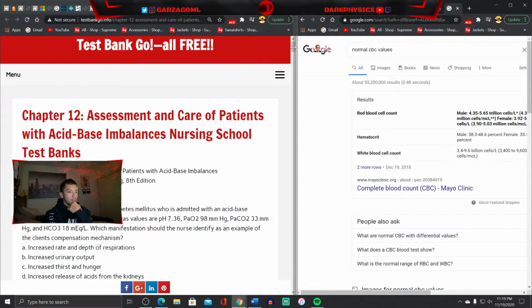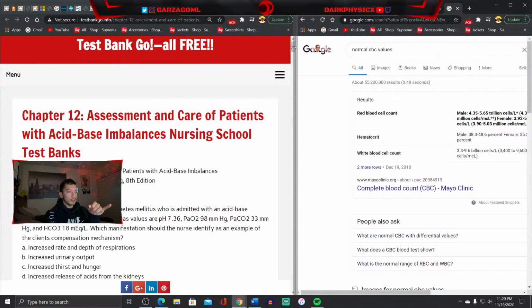What manifestation should the nurse identify as an example of the client's compensation mechanism? Okay, so pH is normal. The oxygen is good. Looks like the respirations would be good.